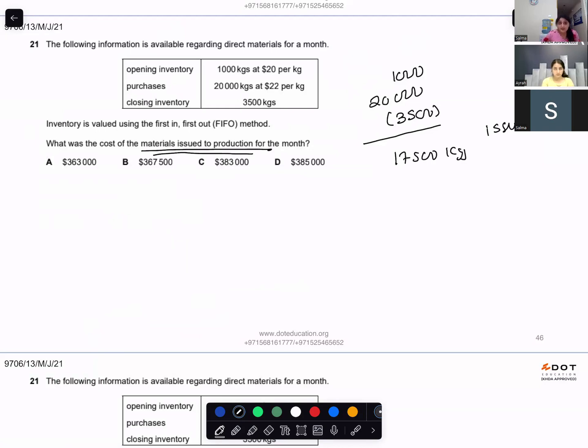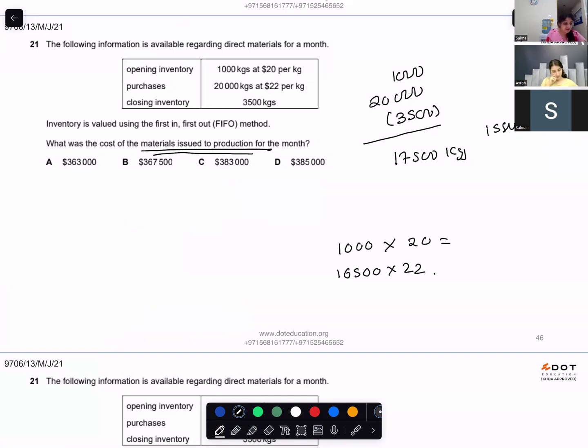Okay. Since it is valued using opening inventory first, that means you are going to use the old production first. 1,000 would be at 20 and 16,500 kg would be at 22.